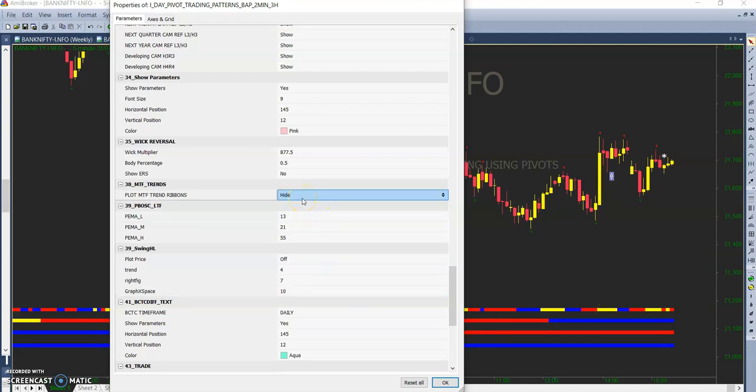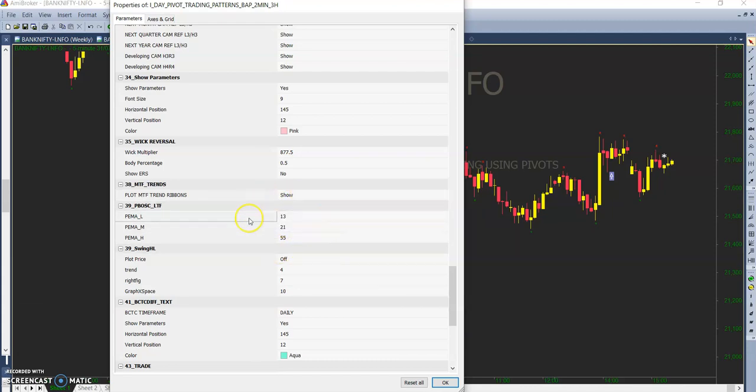This is activated on an experimental basis. Still further research has to be done to see how this particular section can be used for future strategies. So for the time being, I am hiding this.